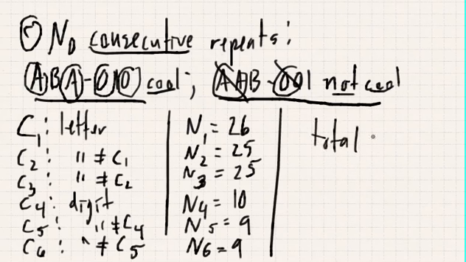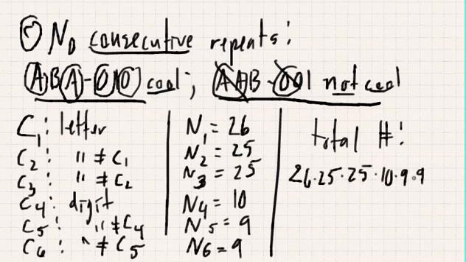So the total number here, how much do I have? 26 times 25 times 25 times 10 times 9 times 9, and that is equal to 13,162,500.